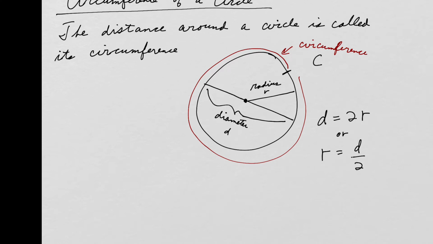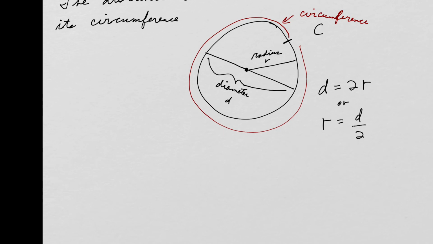Now the circumference, C here, is going to be equal to, you can either write it as pi times d. So it's pi times the diameter.